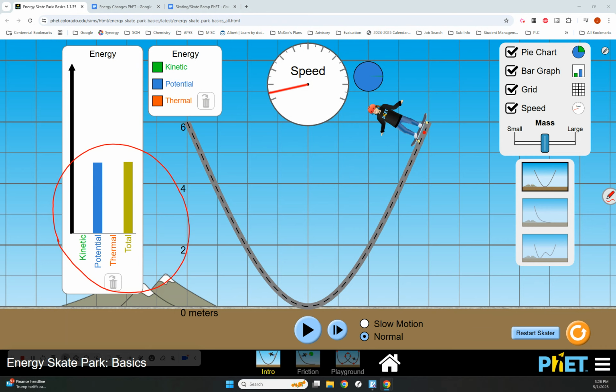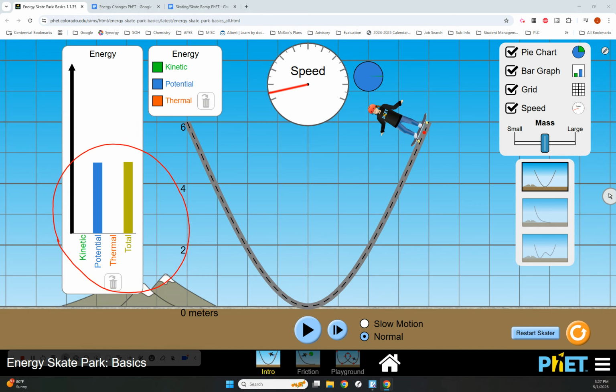At this point, you'll notice that the potential energy and the total energy are basically the exact same. That's because the skater's at the top of the ramp, so all the energy is stored. It is gravitational potential energy, if you want to be more specific about it. The skater is motionless at this point, so there's no kinetic energy associated with the skater.